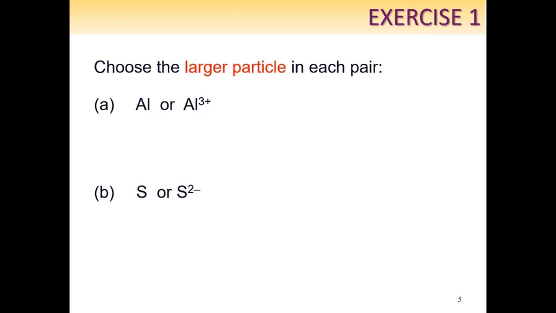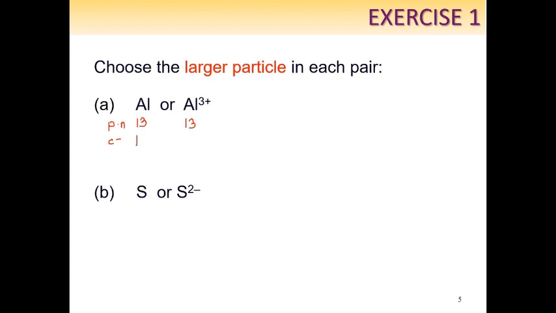First you have to know the number of protons for both particles. They have the same proton number, which is 13, and aluminium is a neutral atom, so it has the same number of electrons, which is 13.